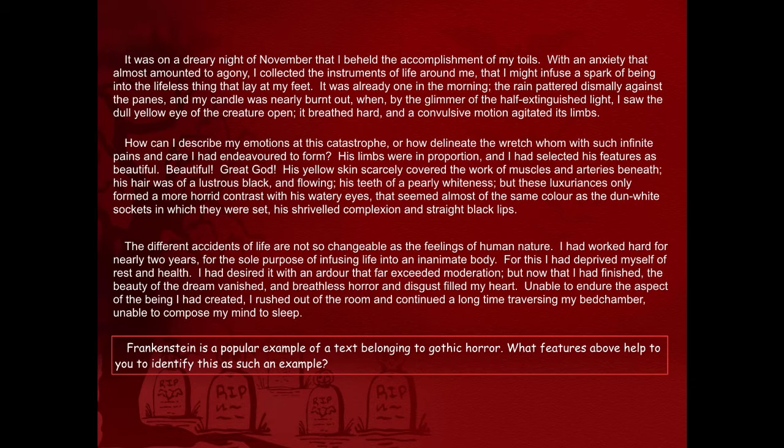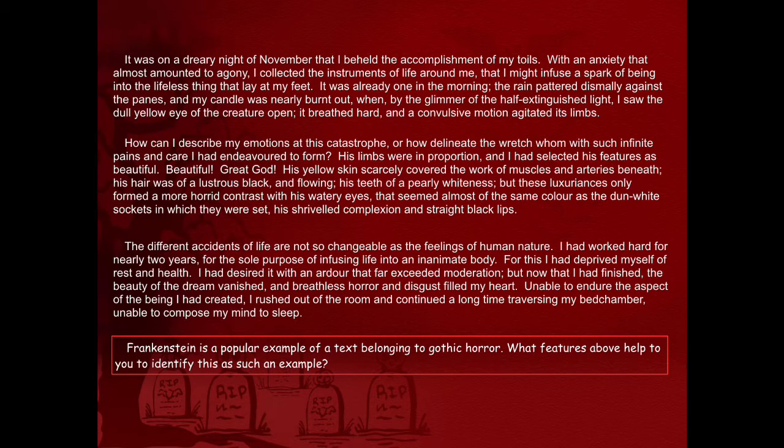The different accidents of life are not so changeable as the feeling of human nature. I had worked hard for nearly 2 years for the sole purpose of infusing life into an inanimate body. For this, I had deprived myself of rest and health. I had desired it with an ardor that far exceeded moderation.